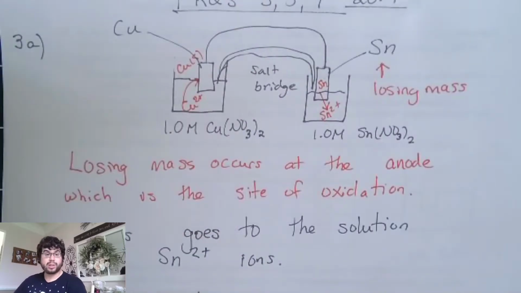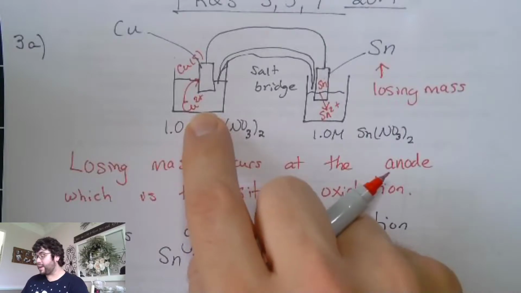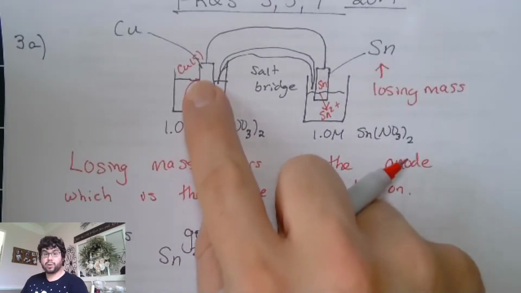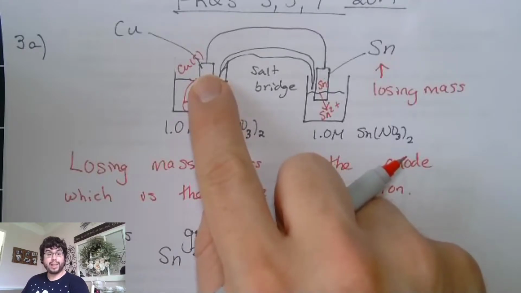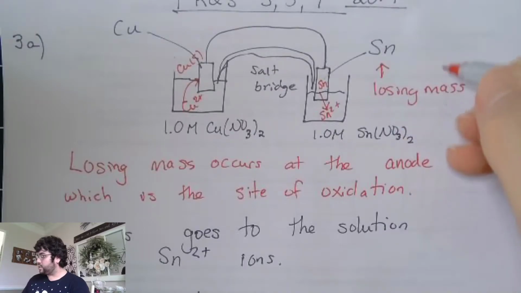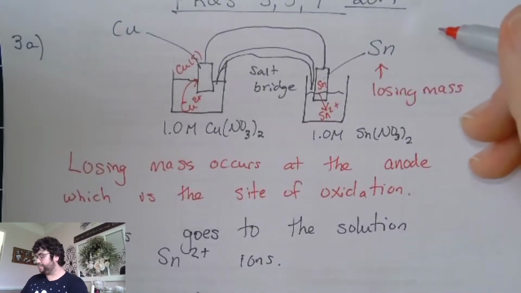So that means that the reduction is occurring at the copper electrode because the copper 2+ ions that are in the copper nitrate solution are being reduced. They're gaining electrons to become copper solid, plating onto that copper electrode. So oxidation is taking place at the tin electrode, that is the anode. The anode is the location of oxidation.